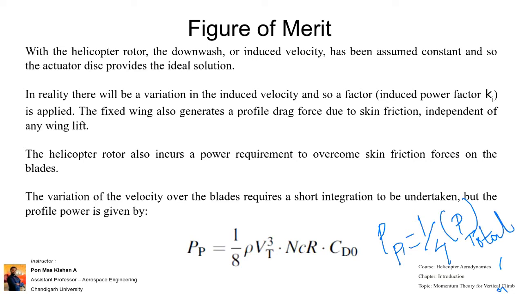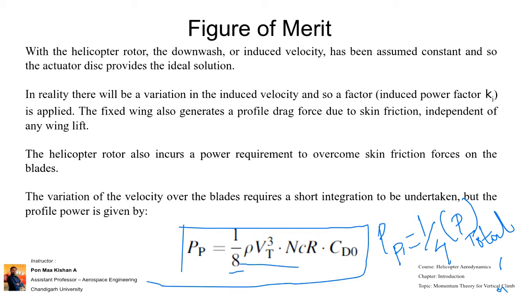So the total power is multiplied by 1 by 4, or a quarter of power, to overcome the profile drag. When we multiply by 1 by 4, we get 1 by 8. So the power required to overcome the profile drag is 1 by 8 rho Vt cube, area and coefficient of drag.